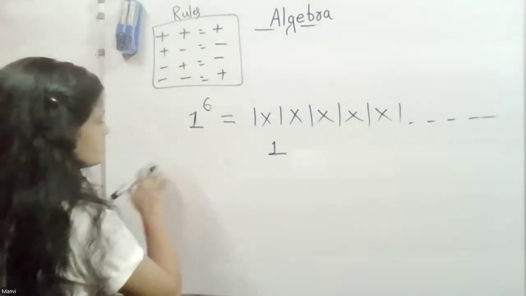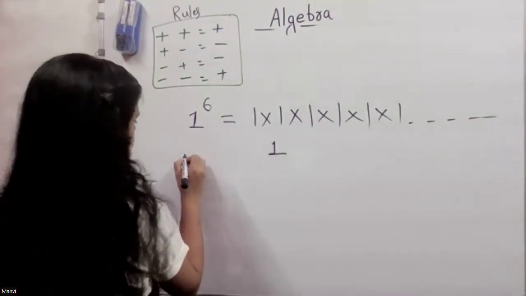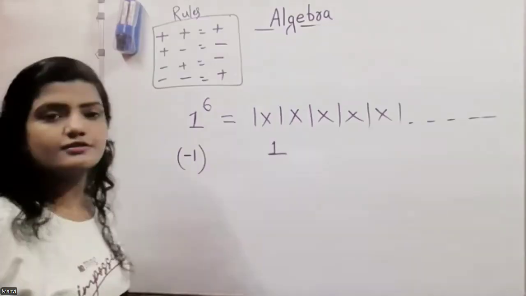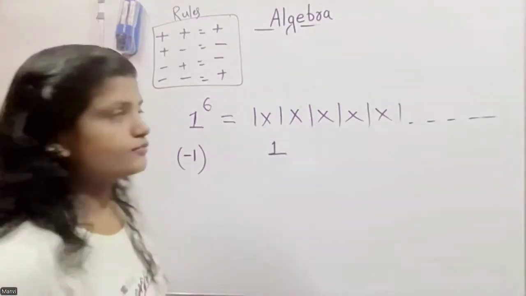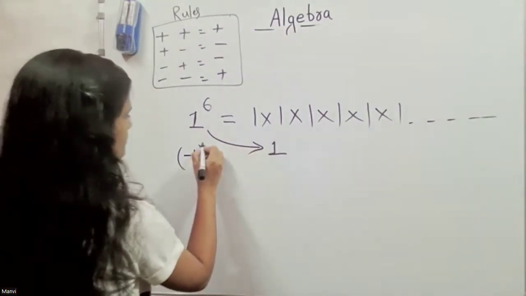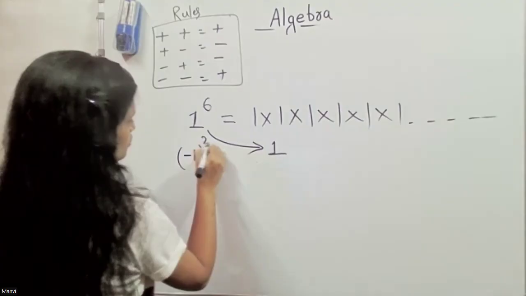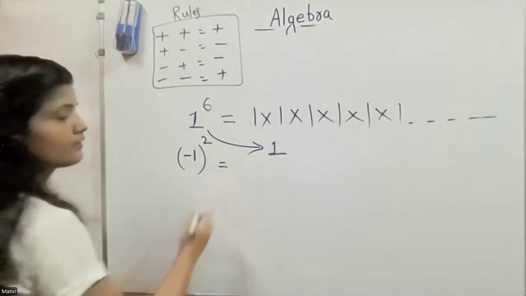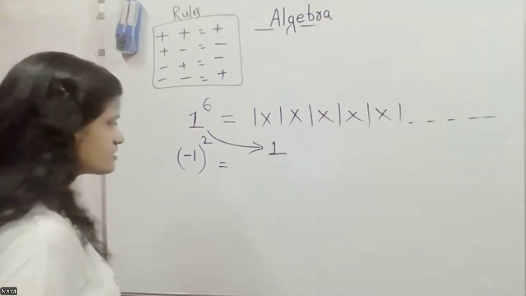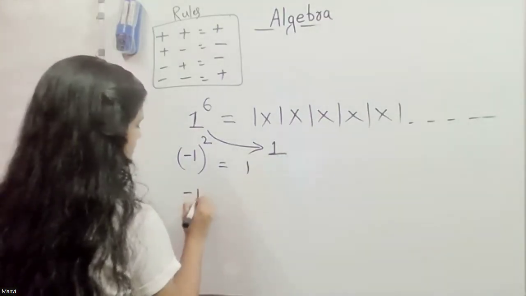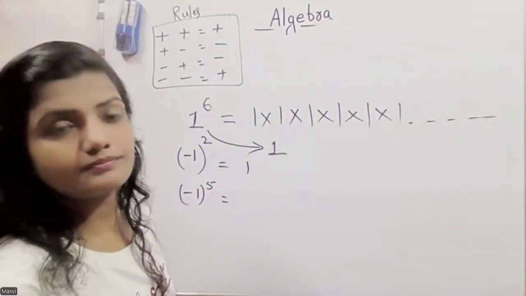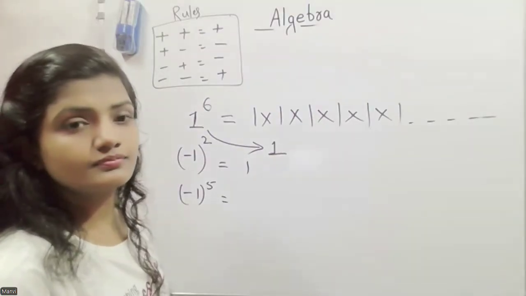It changes when we don't have this 1, when we have negative 1 and then we have different powers. So for this, the answer is 1. But for this, if the power is 2, then the answer will be positive 1. And if this is 5, it'll be minus 1.